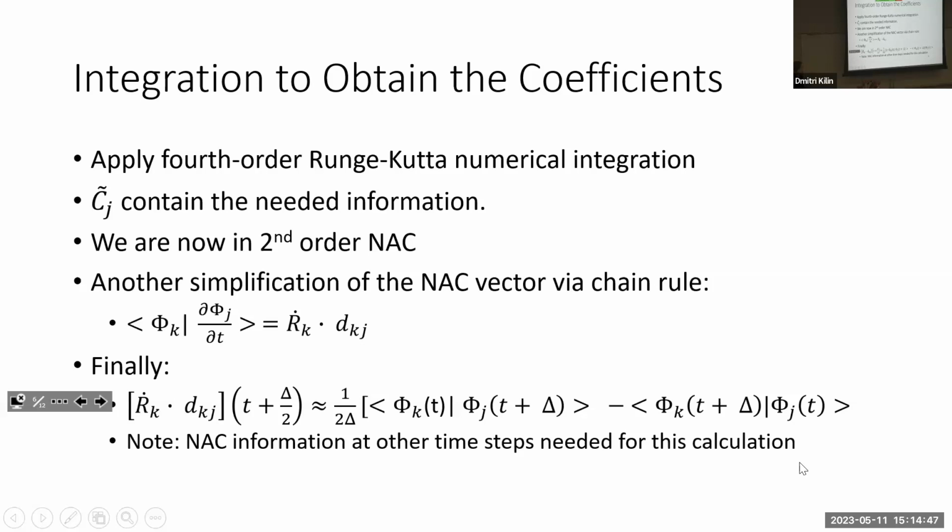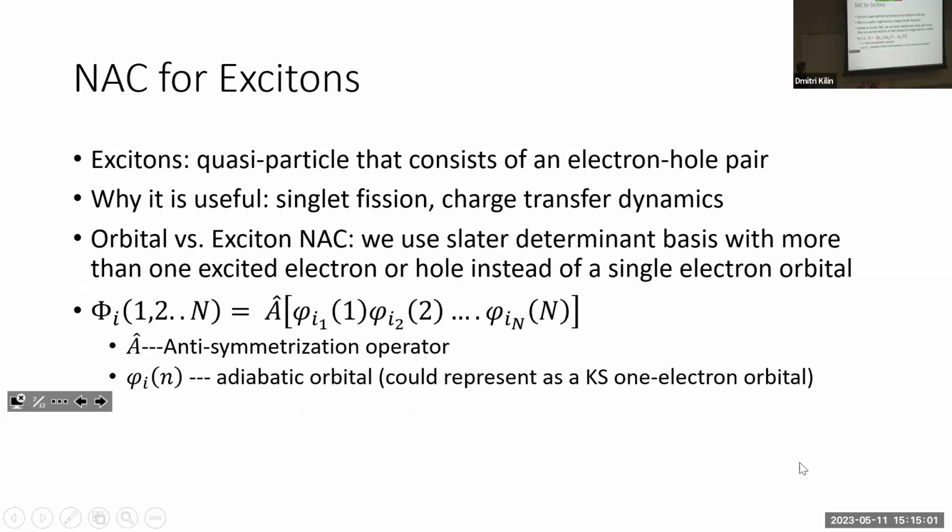And note that for these electronic adiabatic terms, we have two different time steps. So if you've done non-adiabatic couplings, you'll note that you at least need two different time steps to get a calculation. So if we want to move on to excitons, which are, in brief review, a quasi-particle that's an electron-hole pair.